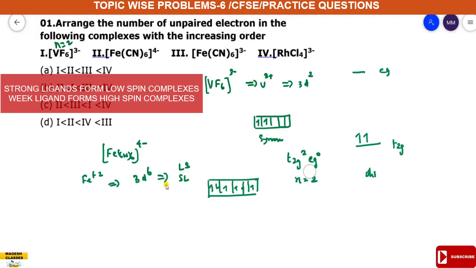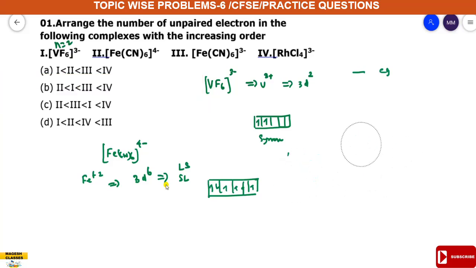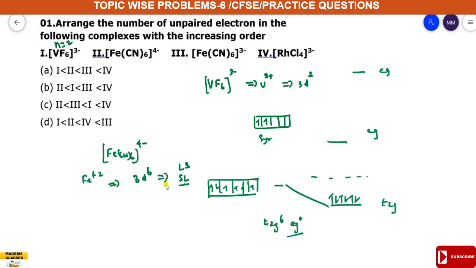But in the octahedral field, t2g and eg. So it is a barycenter. Cyanide is a strong ligand, and so the electrons are t2g6, eg0. So the number of unpaired electrons, n, is equal to 0.